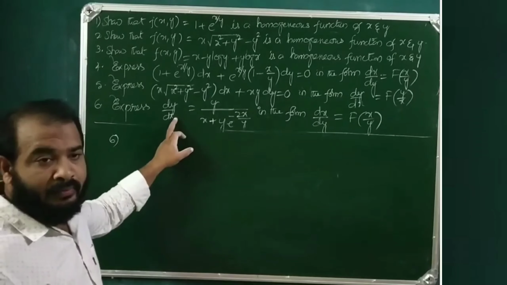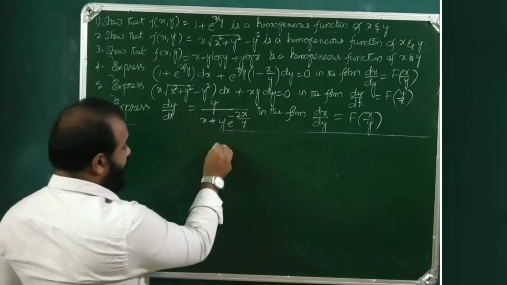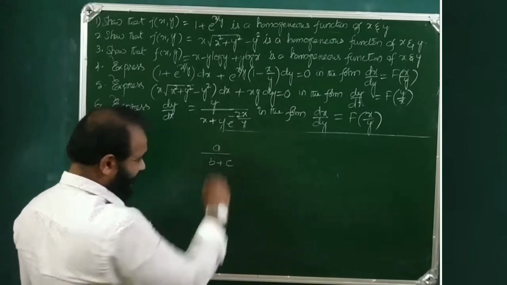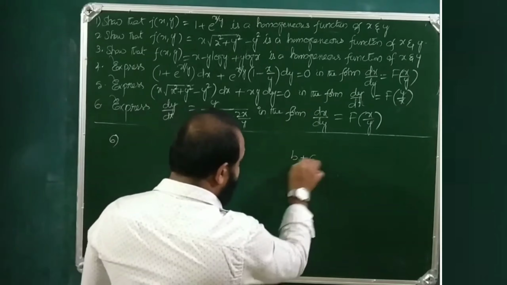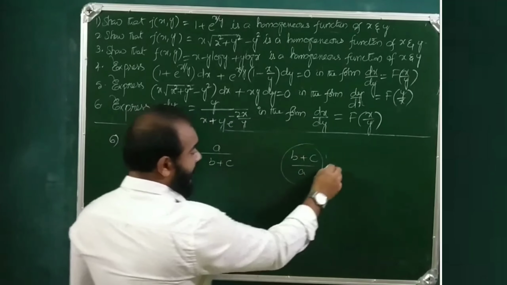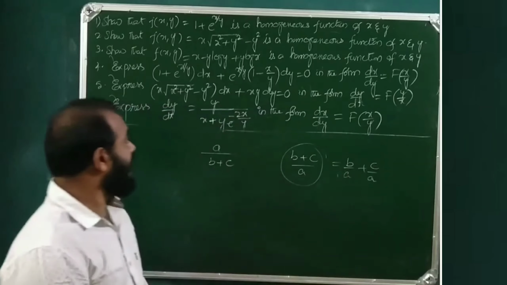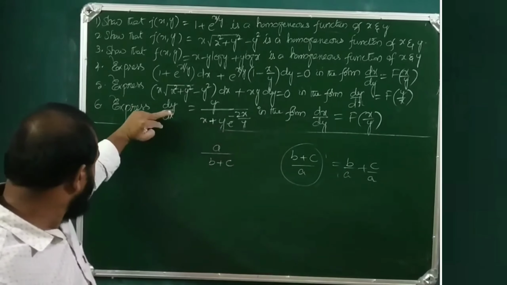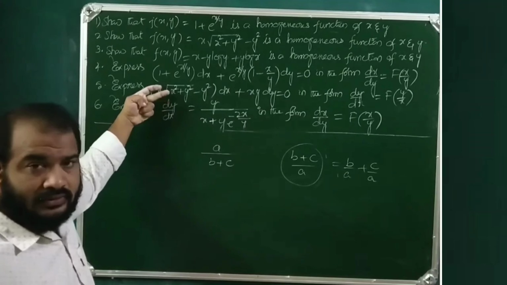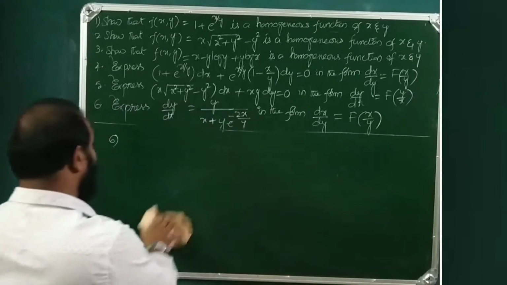So this cannot proceed any further because we cannot do anything with a by b plus c. But had it been b plus c by a, then we can further write it as b by a plus c by a. That is why, instead of dy by dx, I may reciprocate this dy by dx as dx by dy. So that's what I am doing here.